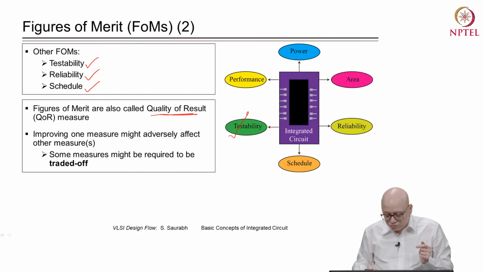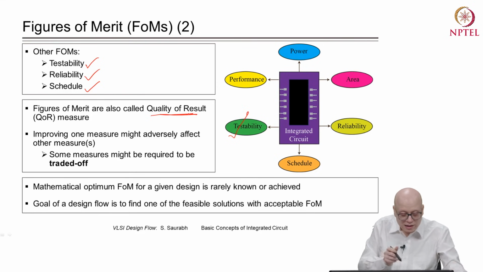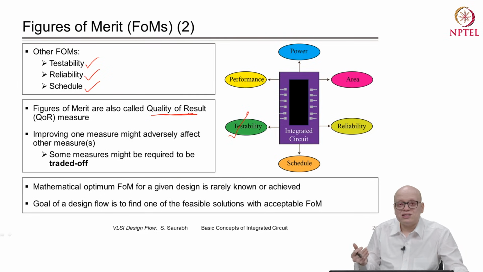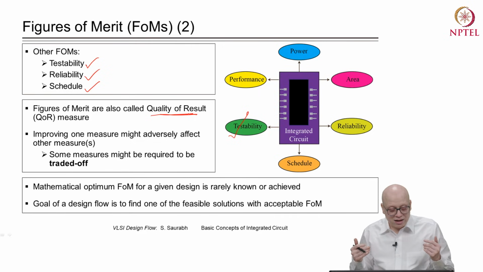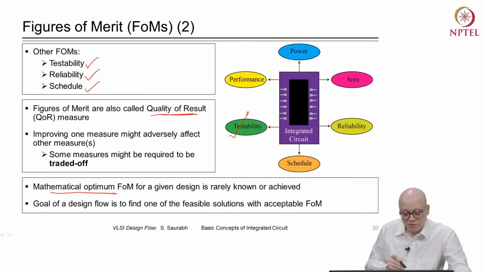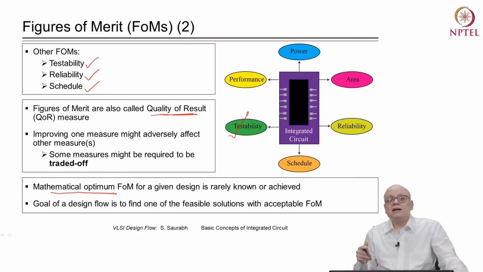The problem becomes more complicated because the dependency of these figures of merit on the design parameters is very, very complicated. Finding a mathematical optimum for these figures of merit is rarely possible, let alone achieved.